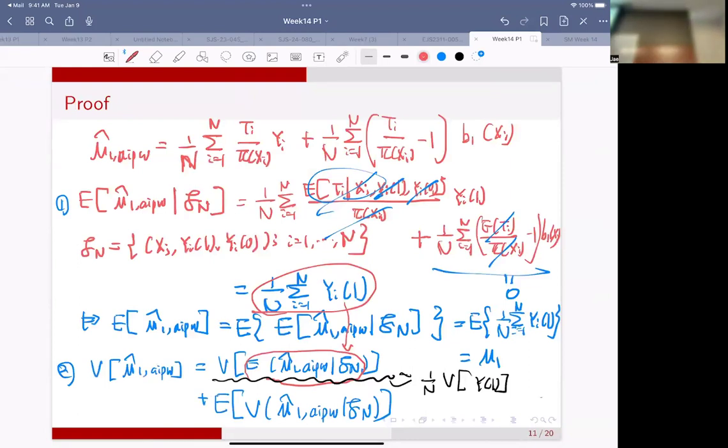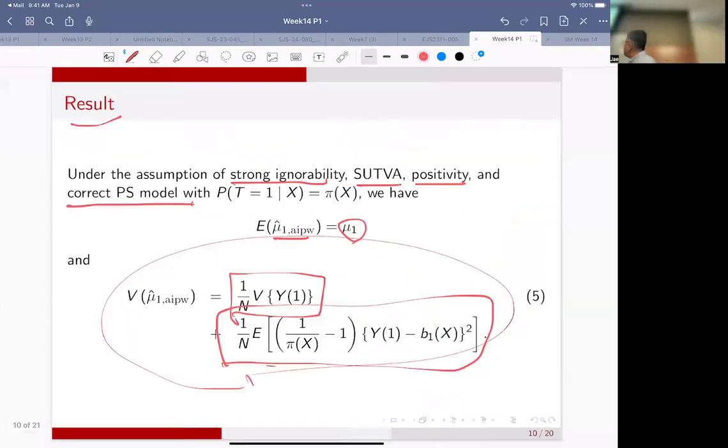This is unbiased regardless of the choice of B1, because the term in B1 has zero expectation. So in terms of expectation, it doesn't make any difference. But the variance is a function of B1. It depends on B1. So now all you have to do is find the minimizer of this. Okay, how to choose it?